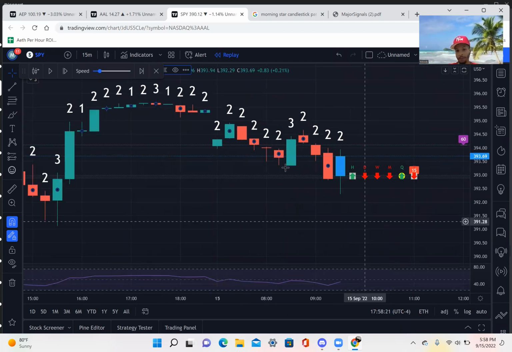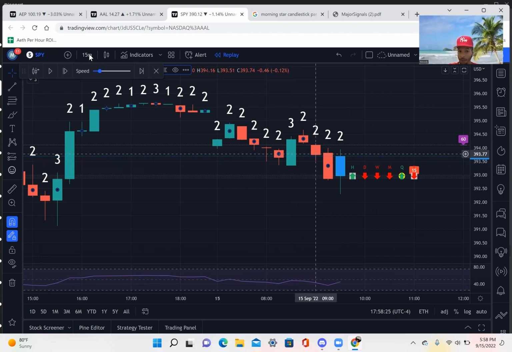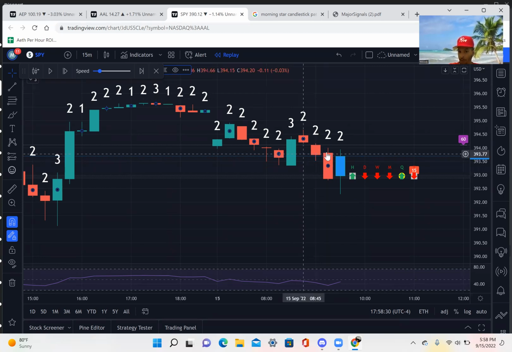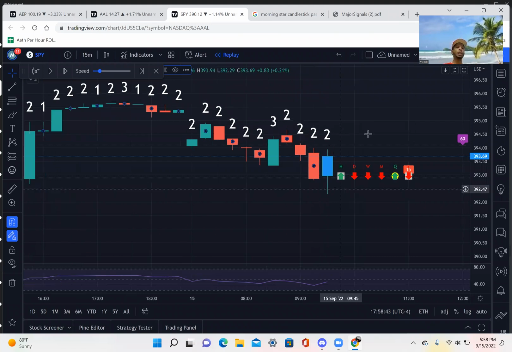I just love patterns, but there goes an evening star right there. It's not as perfect, but you see it. And remember, this is a 15-minute time frame. Compound both of these, 15-minute, 15-minute, that's a 30-minute chart. If you compound both of these, that's the completed evening star, taken out as target and gave you more targets. So that's how it played out.